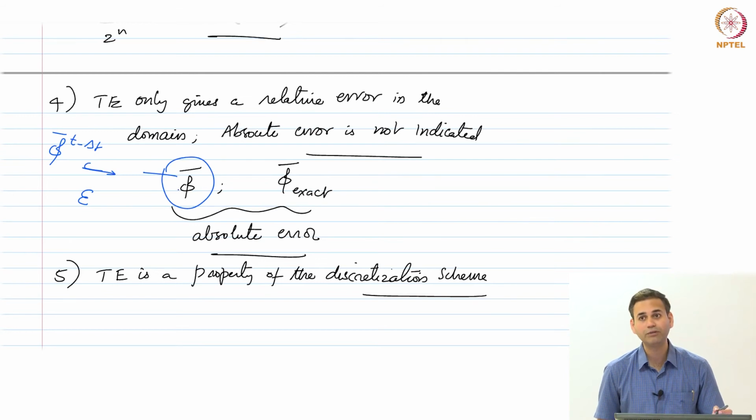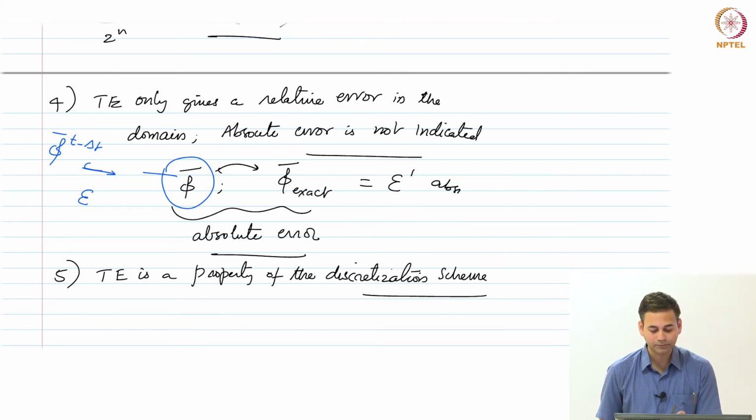Now, you say we have reached convergence. But when you go back, since somehow you know there is an exact solution, and compare this converged solution with phi exact, you realize that there is some error between these two, let us say some epsilon 1. Now, this is your absolute error.